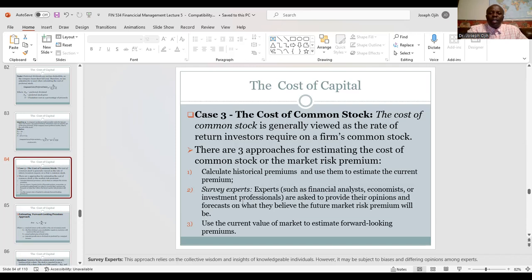Or we can survey the experts. And when I say survey experts, it means that we approach experts such as financial analysts, economists, investment professionals, and then ask them to provide their opinion on the forecasts on what they believe should be the future market risk premium.